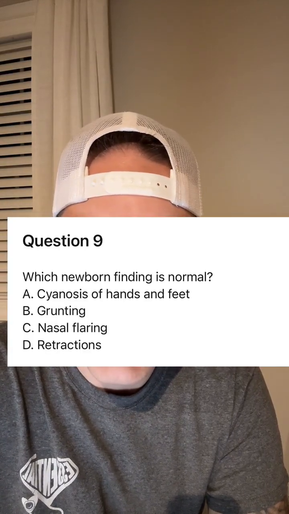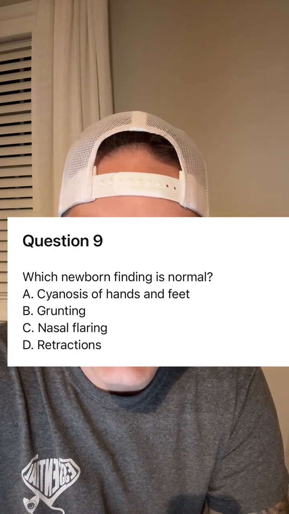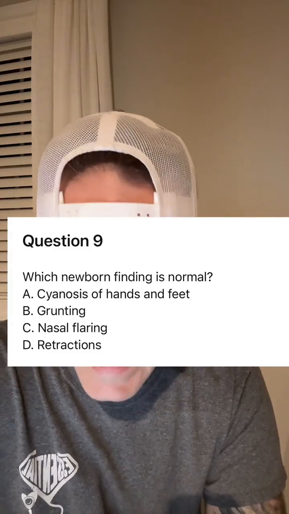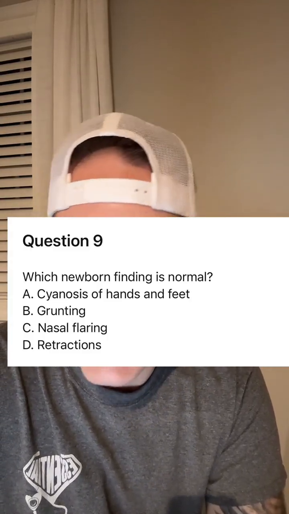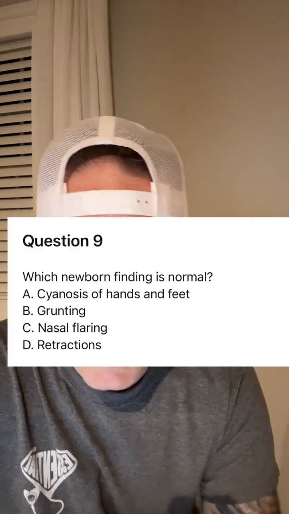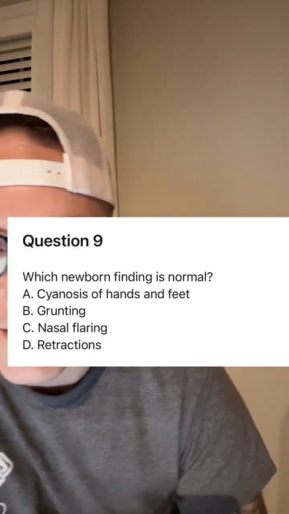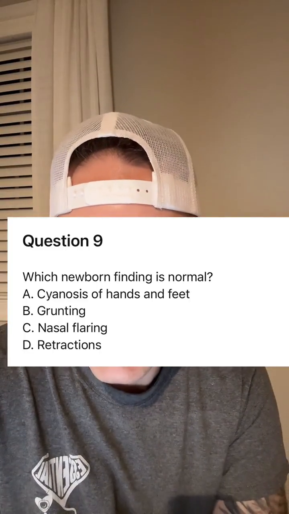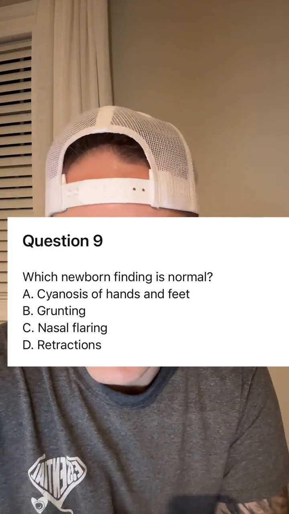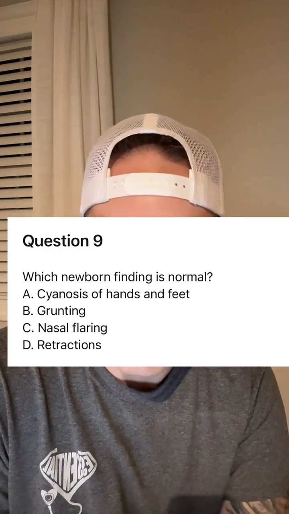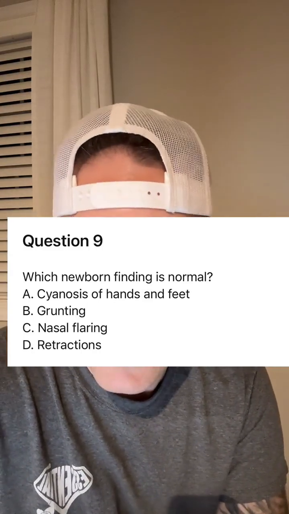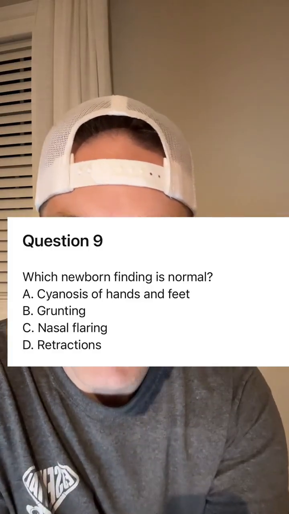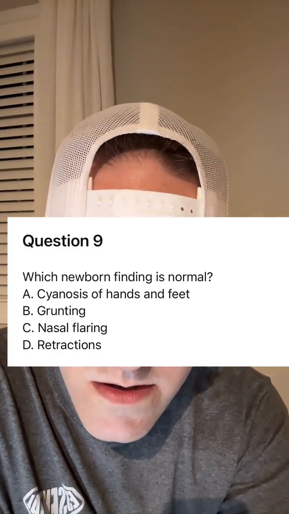Okay, getting a few different answers, A and D. Acrocyanosis is actually an expected finding in the first 24 hours as newborn circulation adjusts. It does not indicate respiratory distress, and B, C, and D are all signs of neonatal respiratory distress and require immediate evaluation. All right, so good to go.